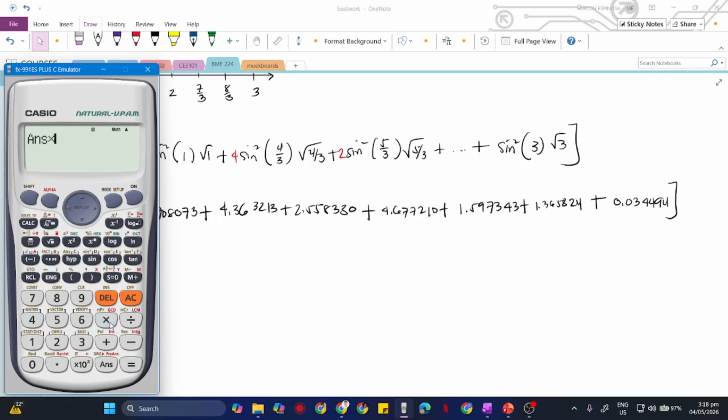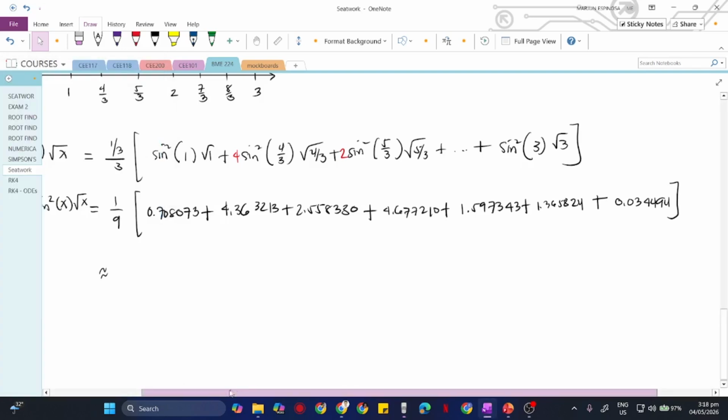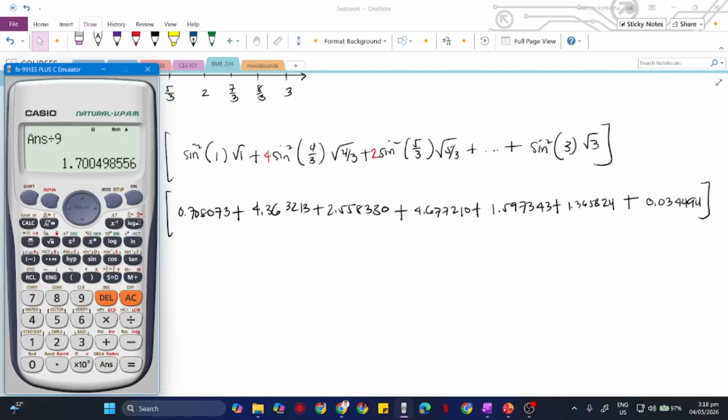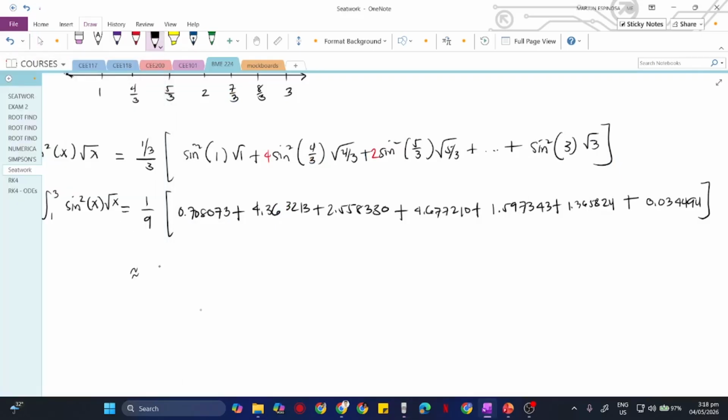Sagot niyan, divide na lang natin by 9. Sagot dito is 1.7. So, 1.7005. Okay. 1.7005. Yan yung sagot natin for this definite integral.